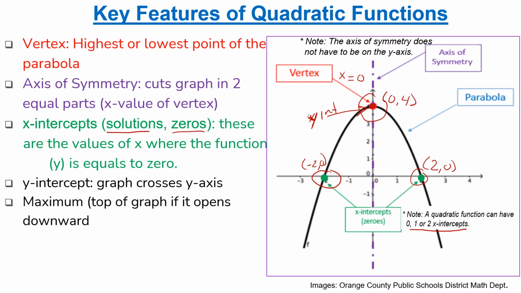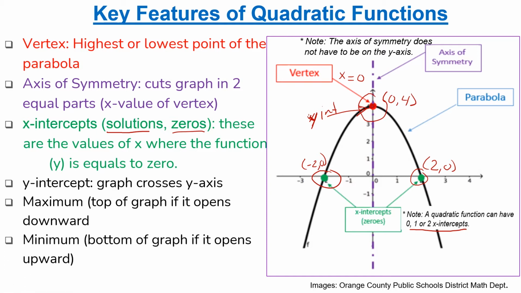We have the maximum. If the graph opens downward, we have a maximum. So in this case, this graph has a maximum because the graph opens downward, and the vertex will be the maximum of this graph. If the graph opens upward, then we will have a minimum.